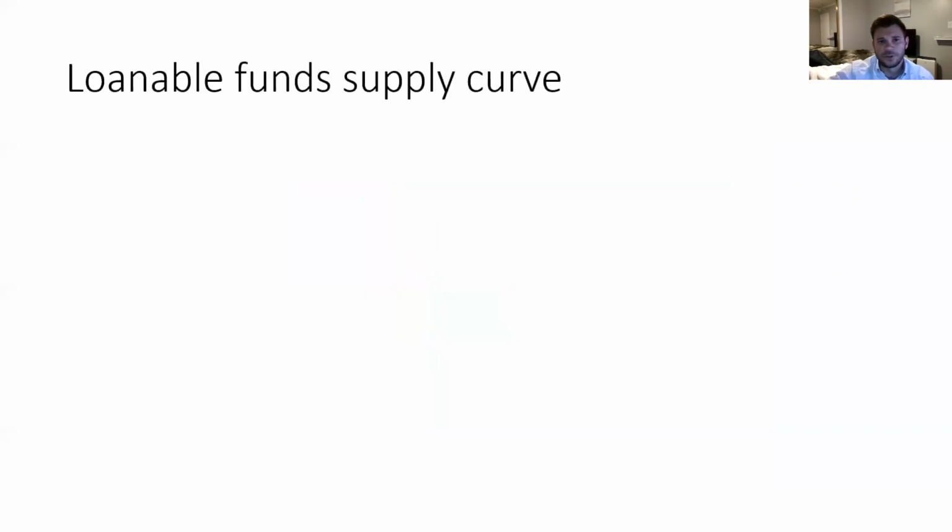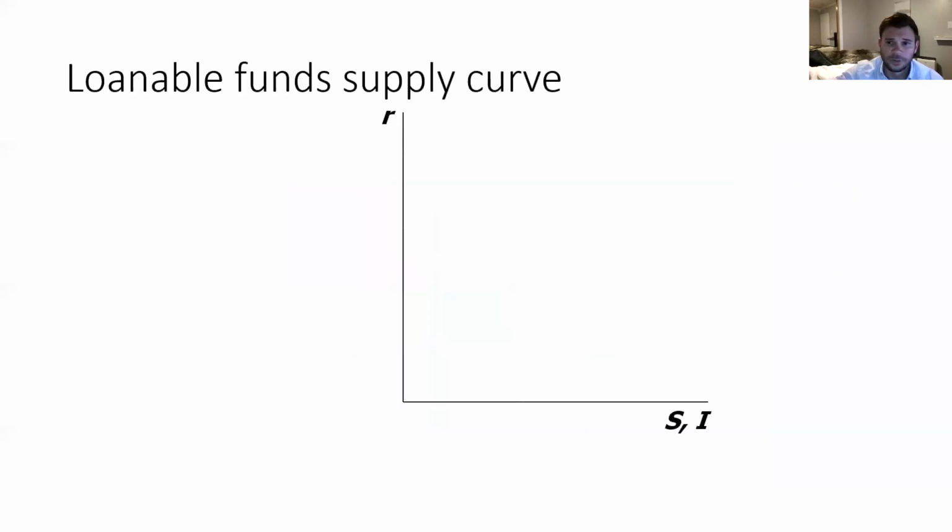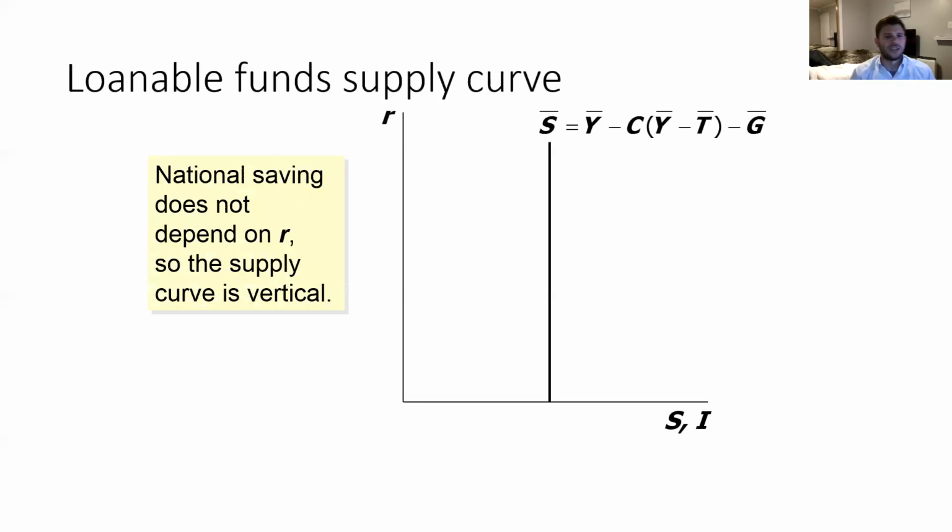Back to the loanable funds market model that we've been dealing with, the supply curve in that market is going to be determined by the amount of national savings. Note that in our model, national savings does not depend on R because we haven't assumed any component of it depends on R. We could easily change this by assuming that consumption is inversely related to the interest rate, which wouldn't be a horrible assumption.